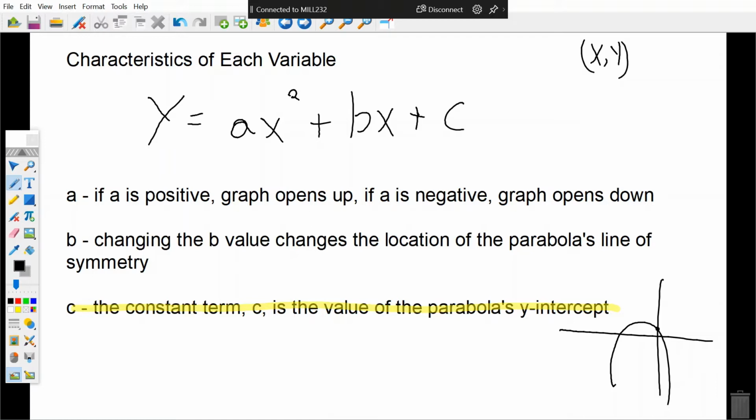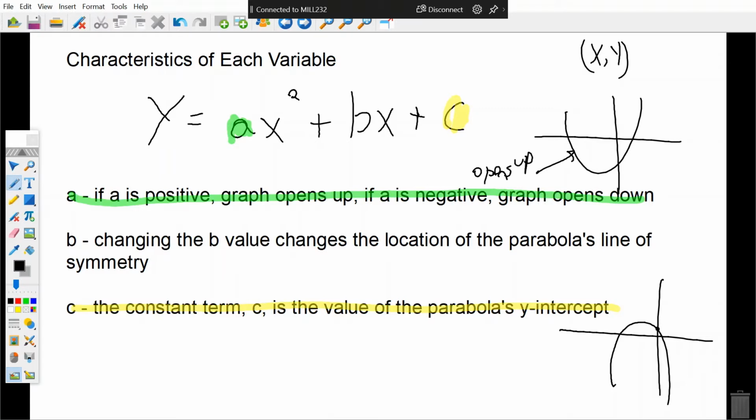What A tells you is what direction the graph is opening, okay? If the A is negative, the graph opens down. If the A is positive, the graph opens up. For example, this parabola, we would say, opens up, okay?